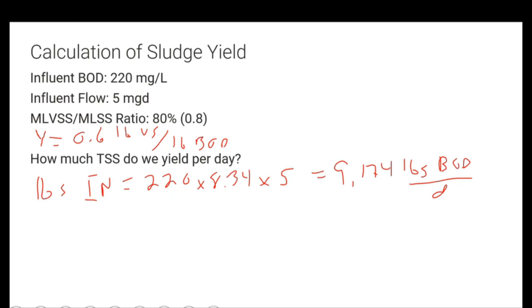So now how do we convert that pounds of BOD coming into the system into how many bugs is that producing? Like how many pounds of bugs is that producing? You multiply by that 80%. Do we multiply by the 80%? So if we multiply by 80%, that would get us still pounds of BOD per day, right?